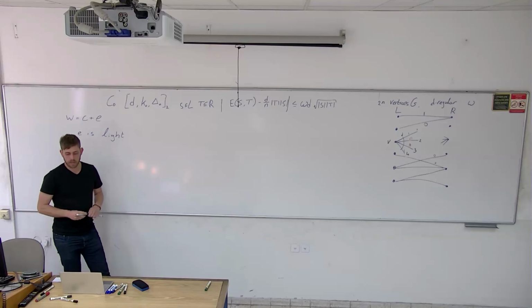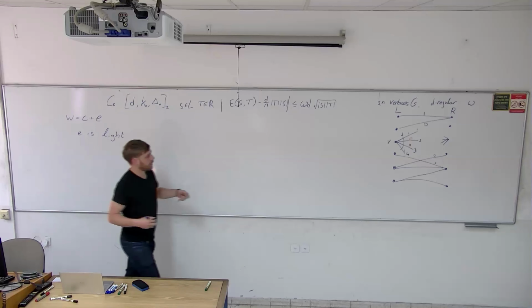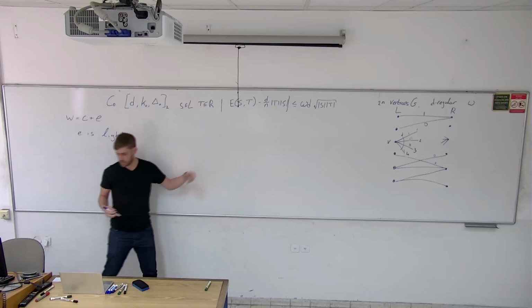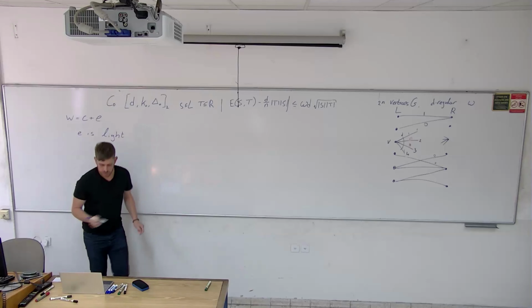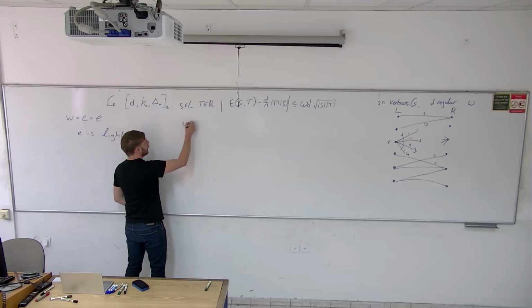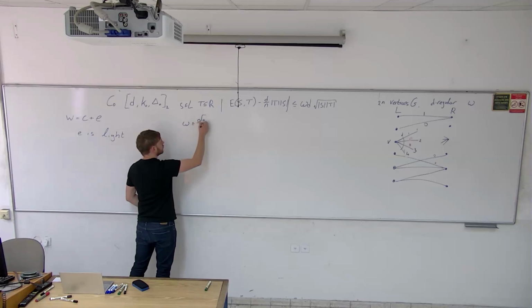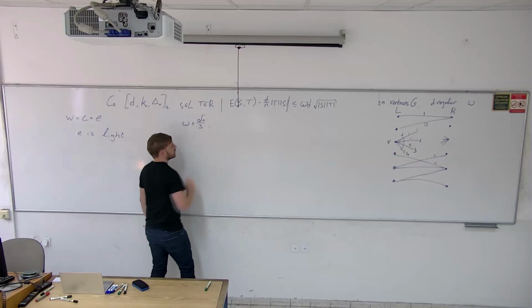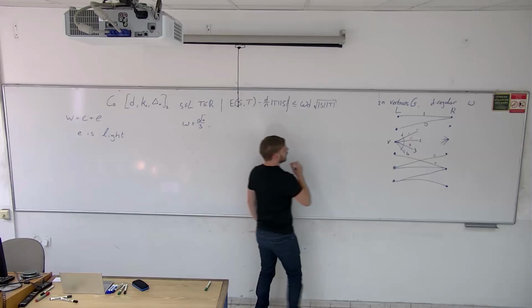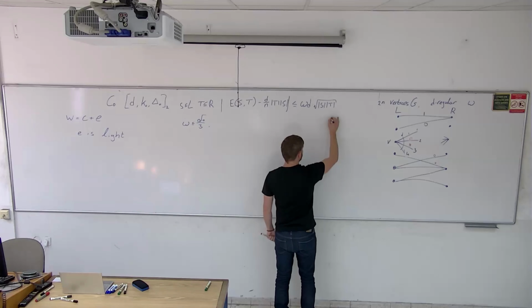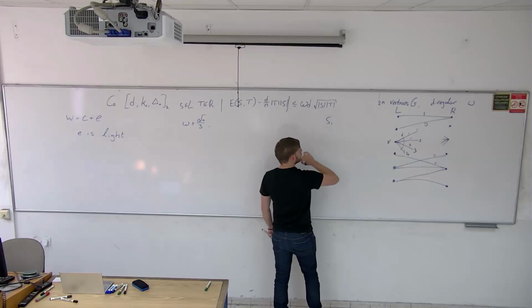And I want to start with a lemma that will help us prove that the algorithm converges quickly. The lemma says that if omega is good enough, and again, I need to define. So define S1.